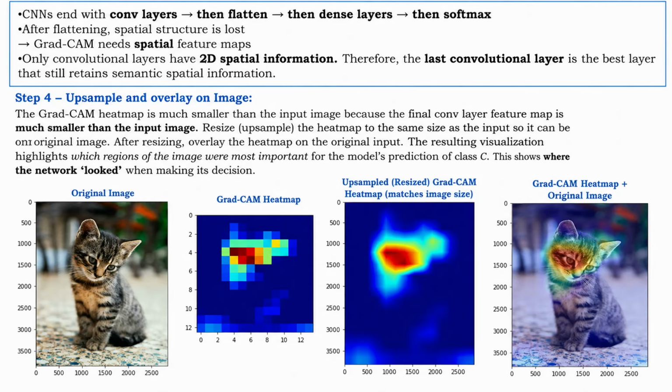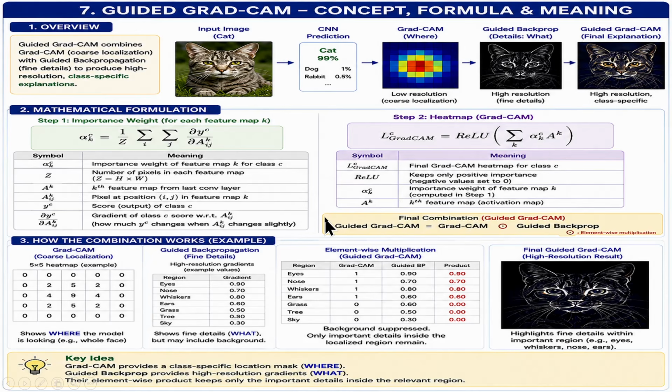Because until the last convolutional layer, our image is in 2D space, whereas flattening converts that 2D space into a 1D vector, and 1D will lose the spatial information. That's why we have to choose the last convolutional layer. Okay, I hope it is clear.